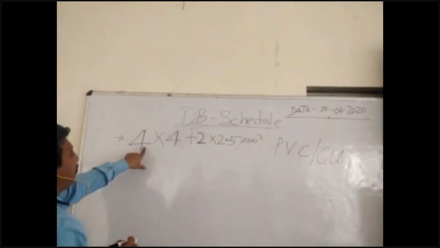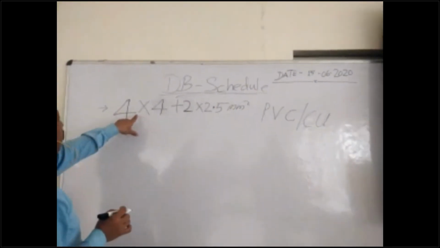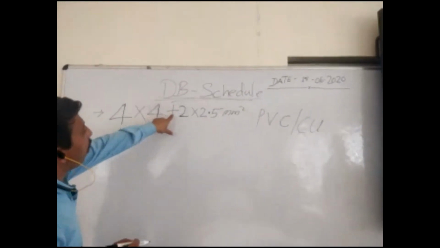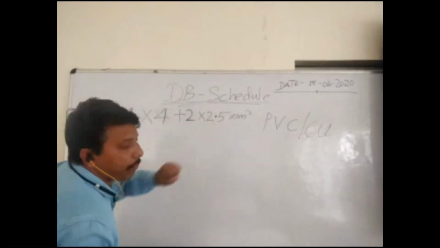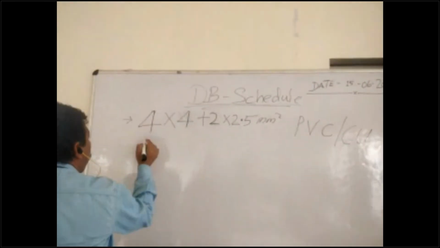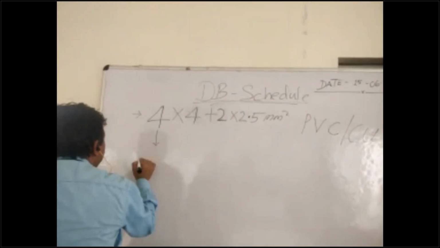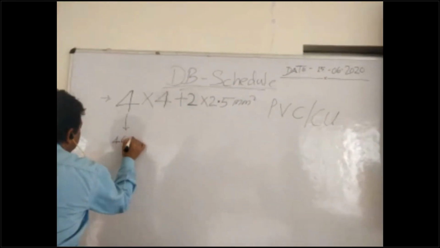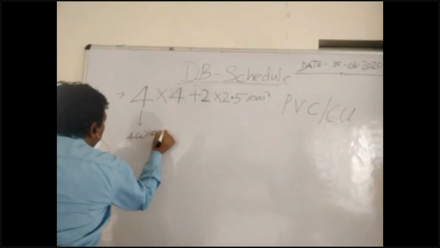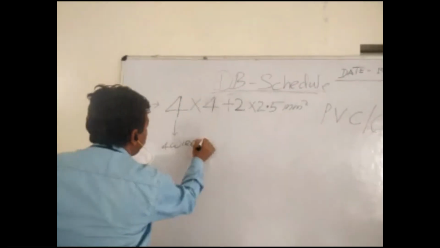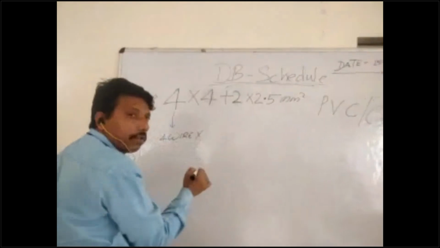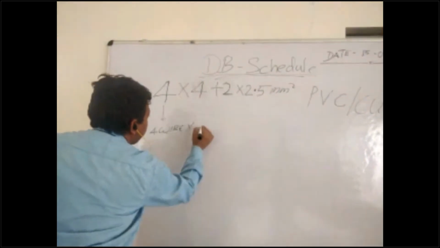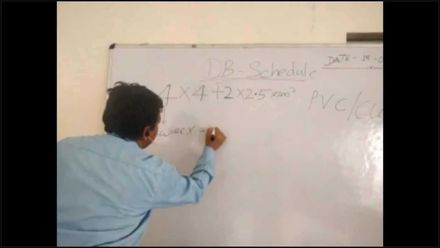Okay, so here I am writing as per this schedule: 4 into 4 plus 2 into 2.5 mm square. This 4 means 4 wires, and this other 4 means wire size.